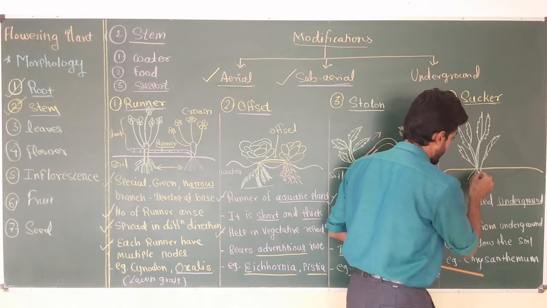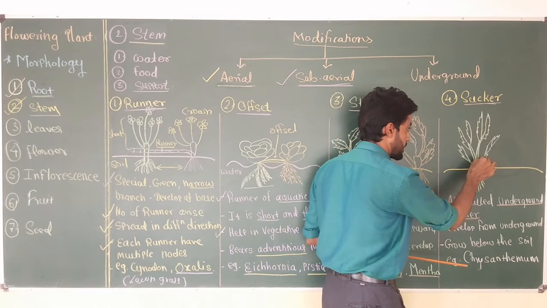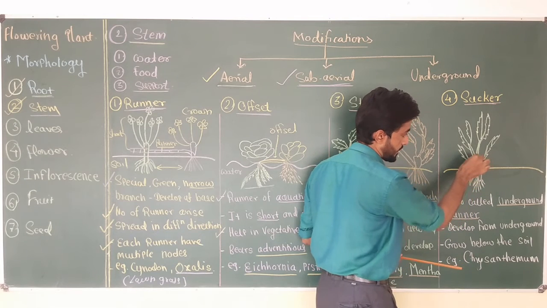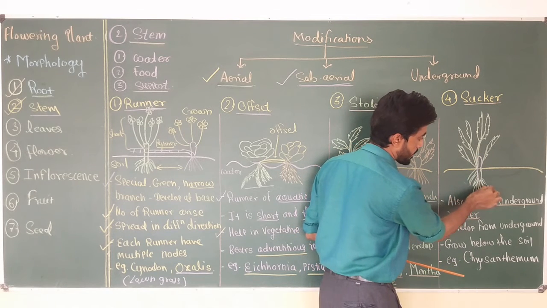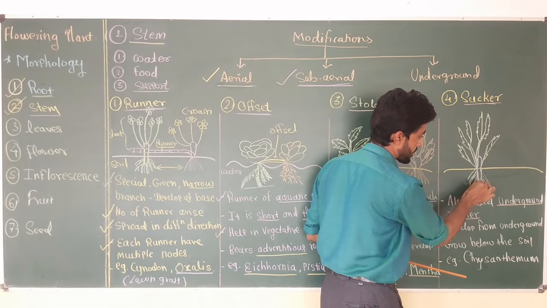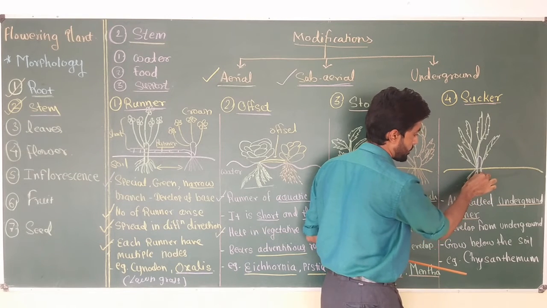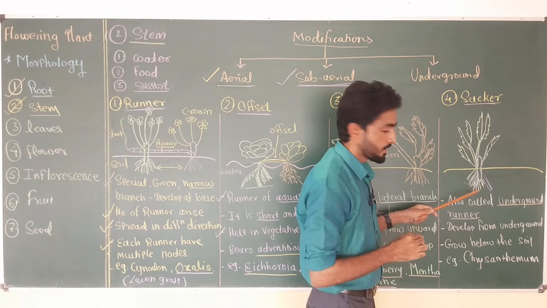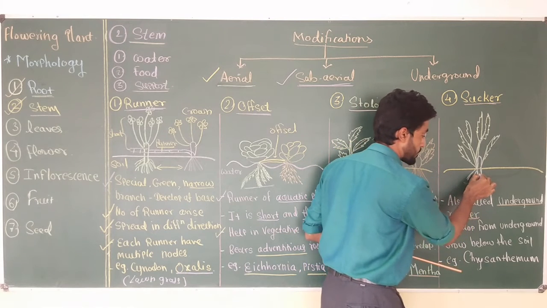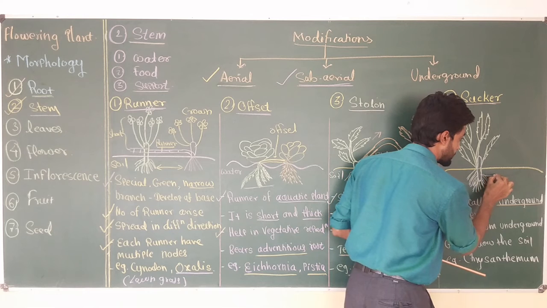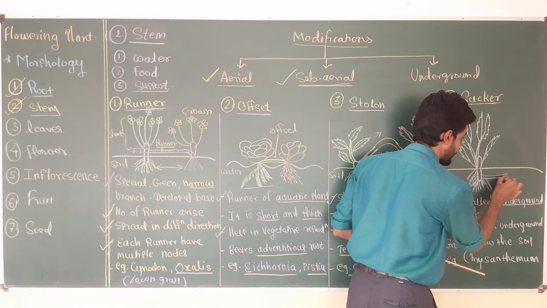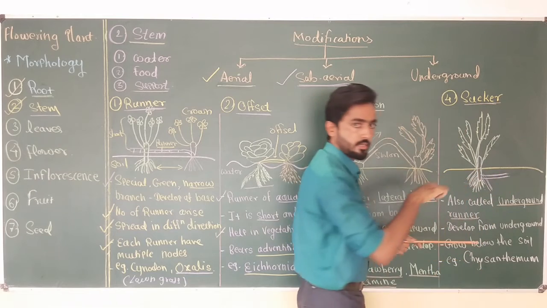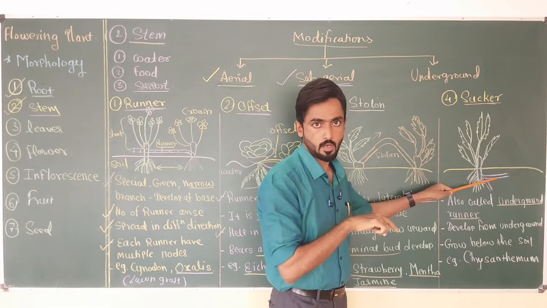Okay, so in this type of plant, suppose this is the stem, some part of the stem grows below the soil surface, and this part of the stem has an adventitious root system attached to it. Now this underground part of the stem produces a branch, and this branch grows horizontally but below the ground surface.